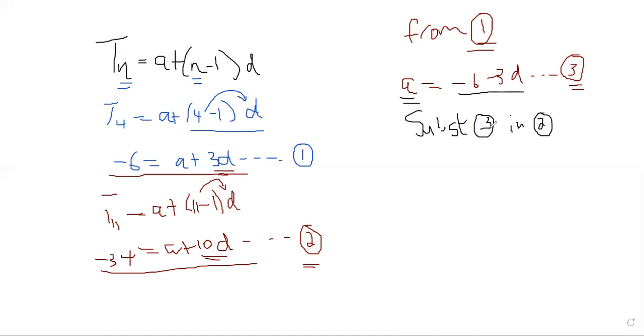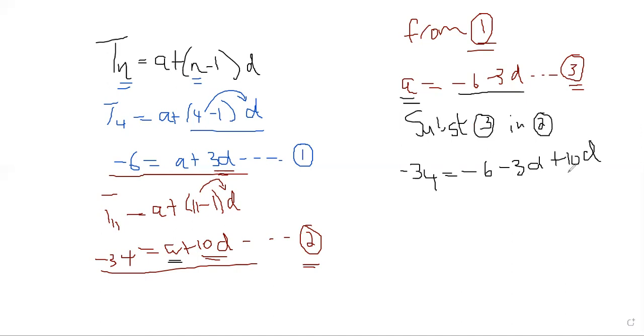So we substitute equation 3 in equation 2. So we will have something like -34 is equal to, we see A. So where we see A, we must put -6 minus 3D, right? -6 minus 3D plus 10D, right?